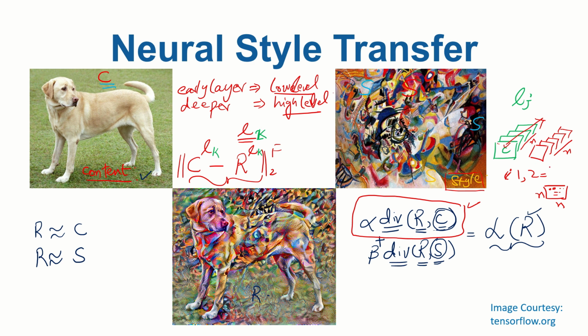And similarly, you compute cross correlations over this R image, and that is also again an n by n matrix.